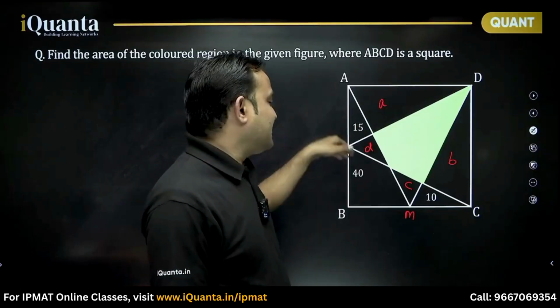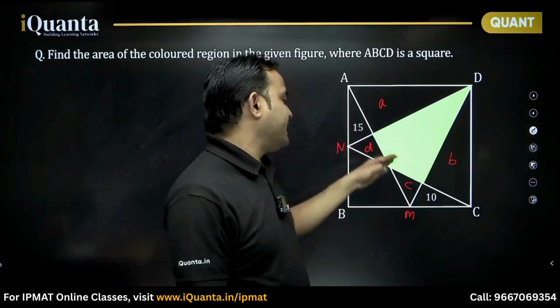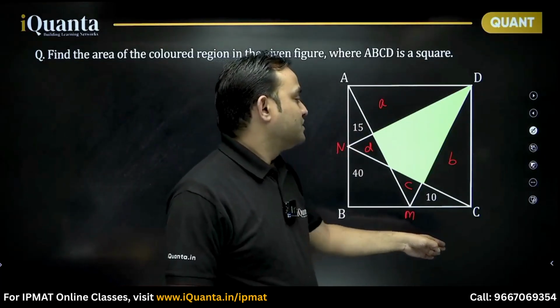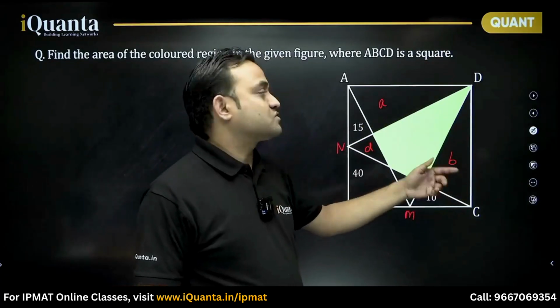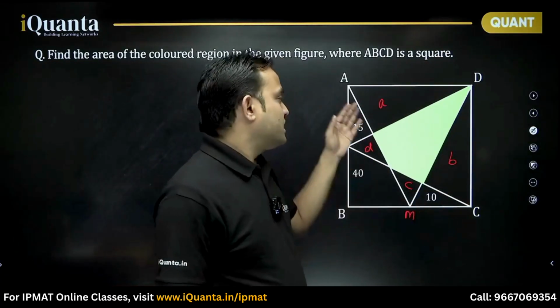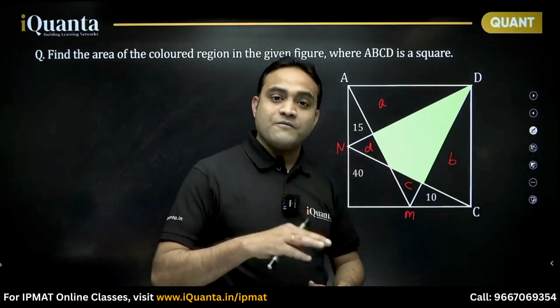So the area of triangle AMD will be half of AD into CD, which is height, and the area of square is AD into CD. So the area of triangle AMD will be half of it.